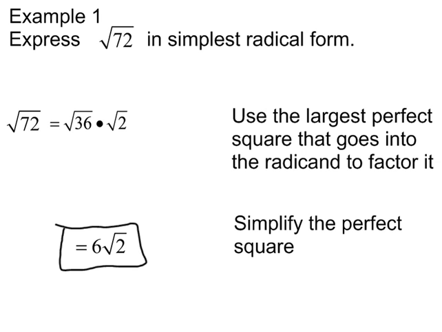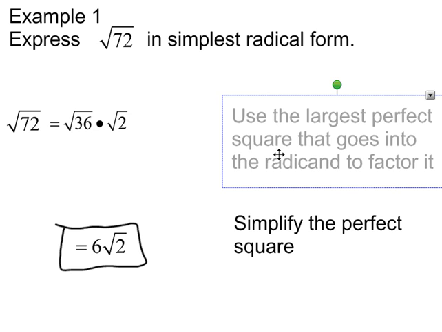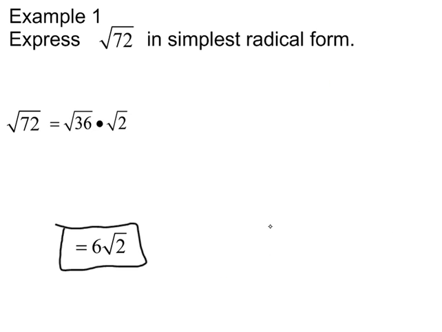Okay, in case you're wondering what would have happened if you used 4? Well, you could use 4. It's just going to be more steps. So radical 72 is equal to radical 4 times radical 18. So this would simplify to 2, but now you have to simplify radical 18.